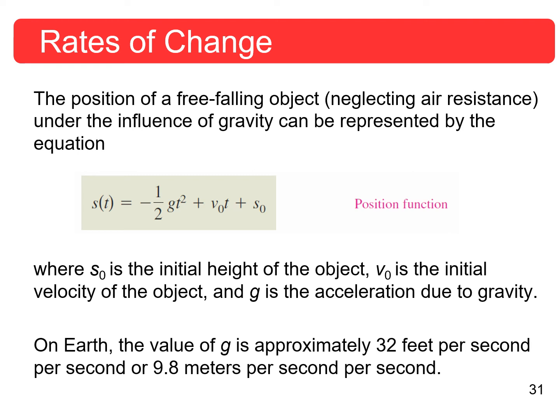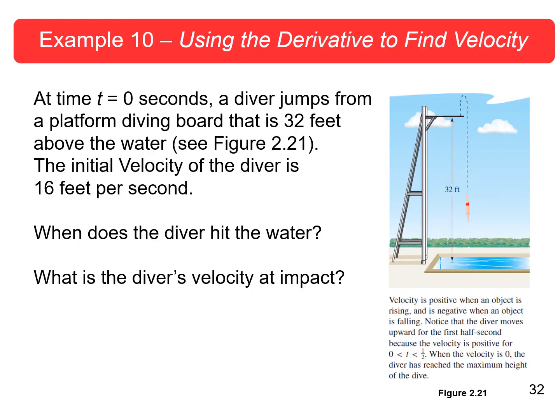And then on Earth, the value of g is approximately equal to 32 feet per second squared, or if you're using meters per second squared, that is equal to 9.8. So the value you put in for g is either 32 feet or 9.8 if you're going to use meters per second. Let's consider the problem here.